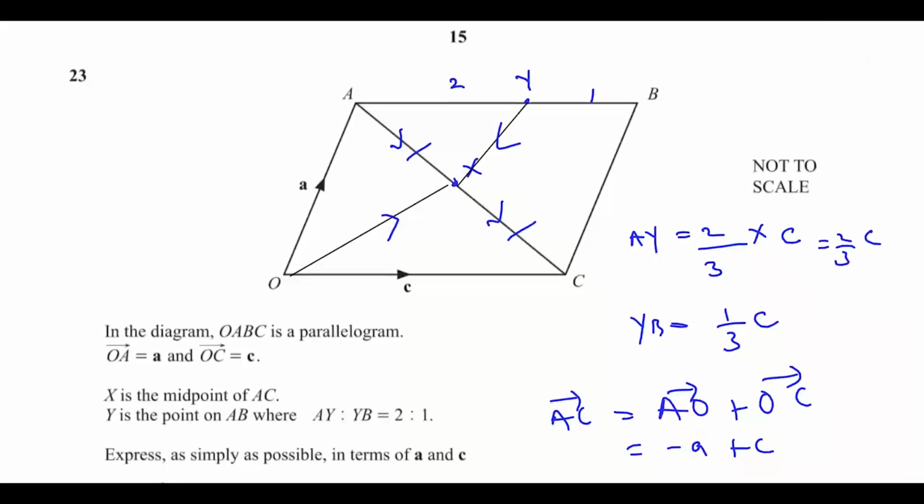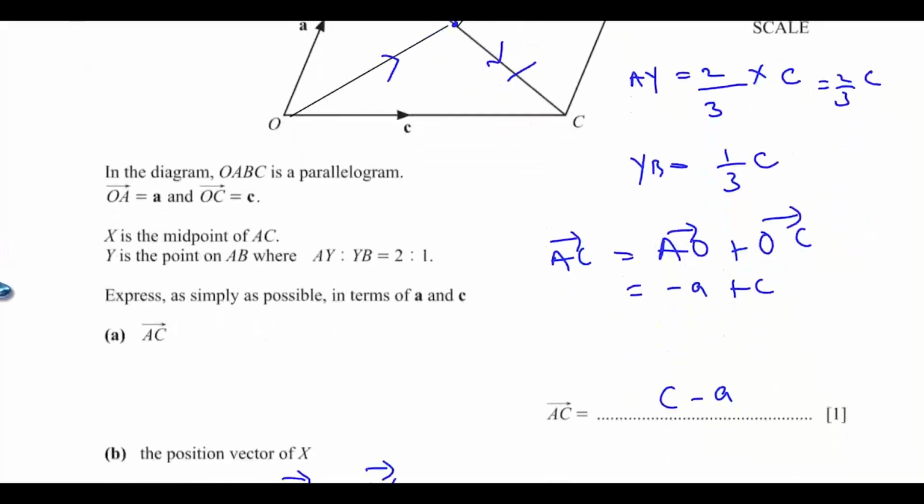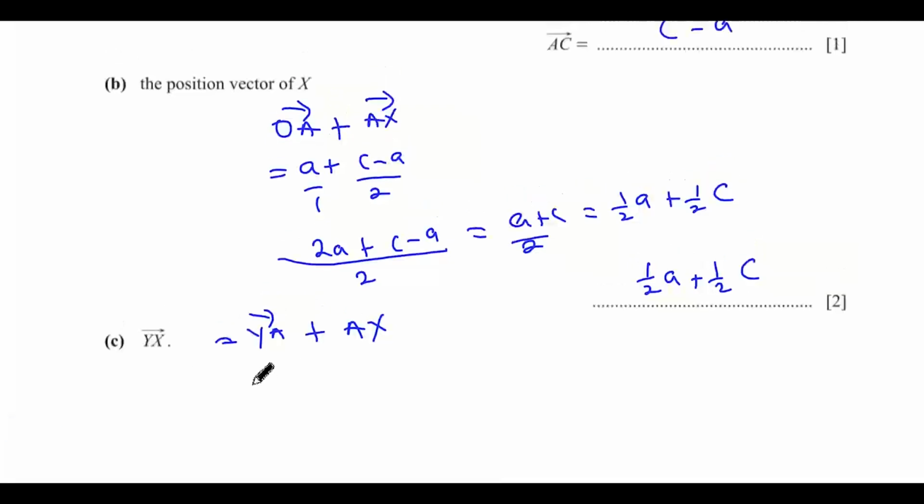YA is the opposite direction to AY, and AY is 2 over 3C. So YA will be minus 2 over 3C.